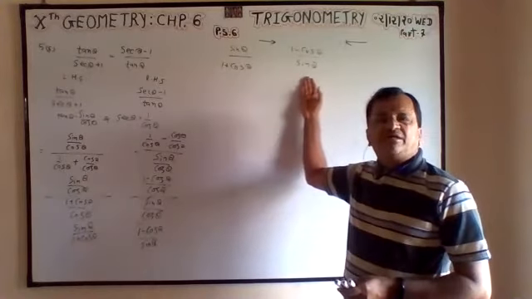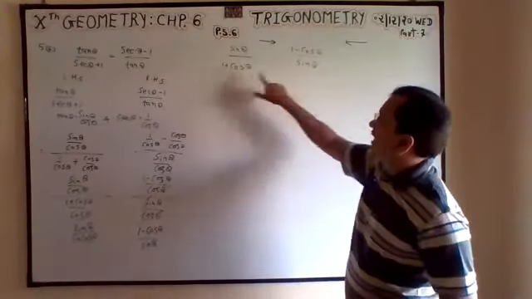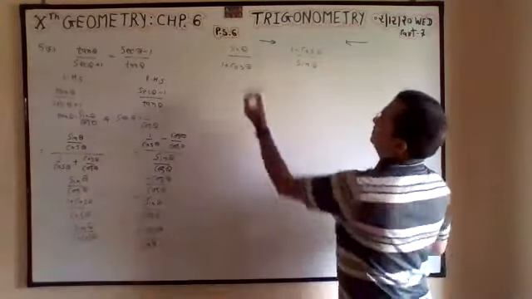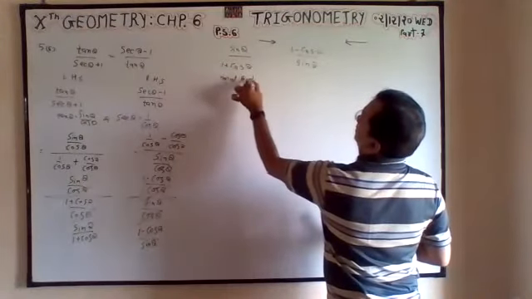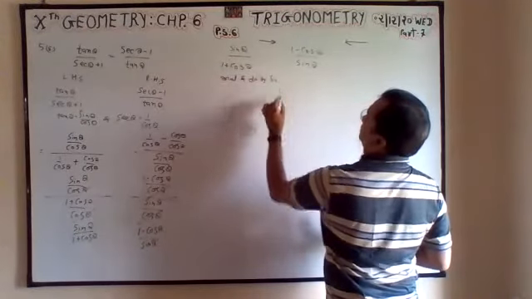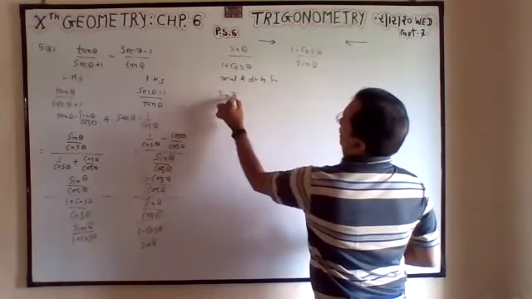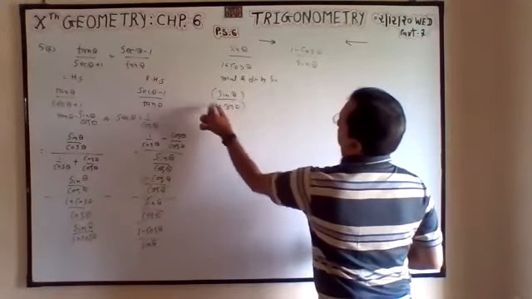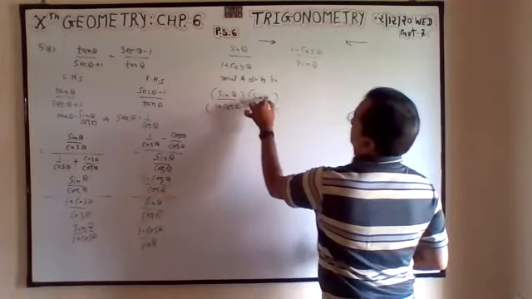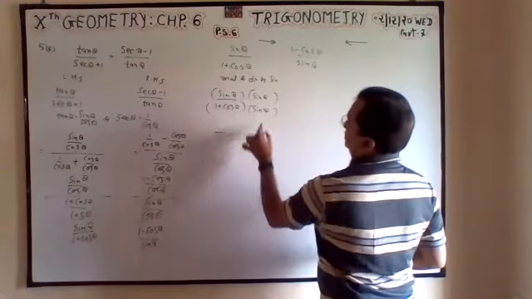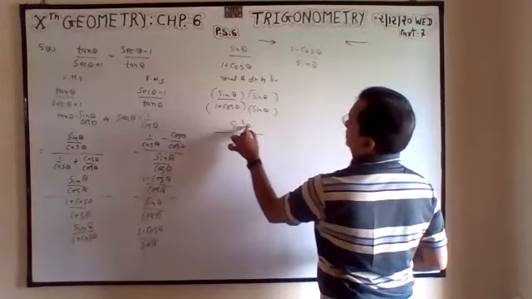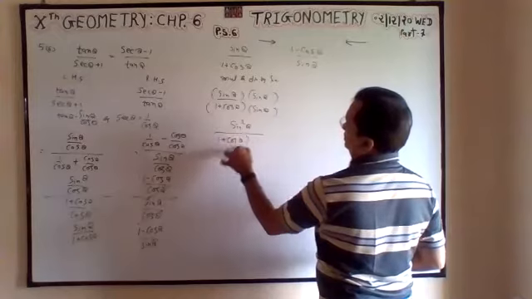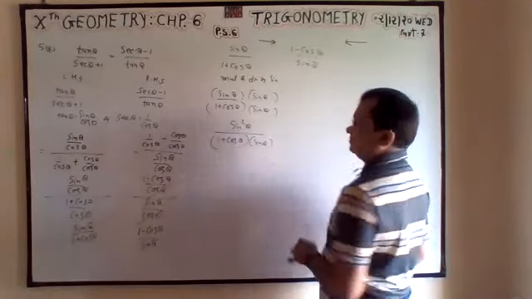Here sine in denominator, I want sine in denominator because this I want to convert in this. Here sine is in denominator, so multiply and divide by sine. So sine theta over 1 plus cos theta, sine theta times sine theta, sine square theta.